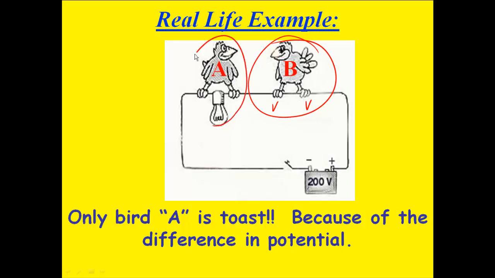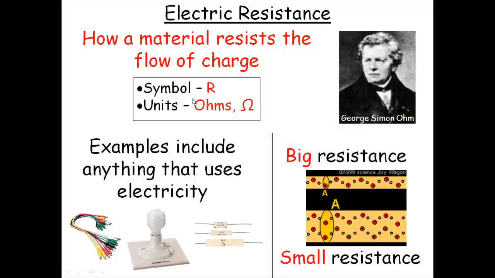However, bird A, this bulb is using some of that push. It's using up some of the energy. And therefore, one side is at a different potential than the other side. And because of that, electricity is going to flow, and in this case, flow through the bird, and he is toast.